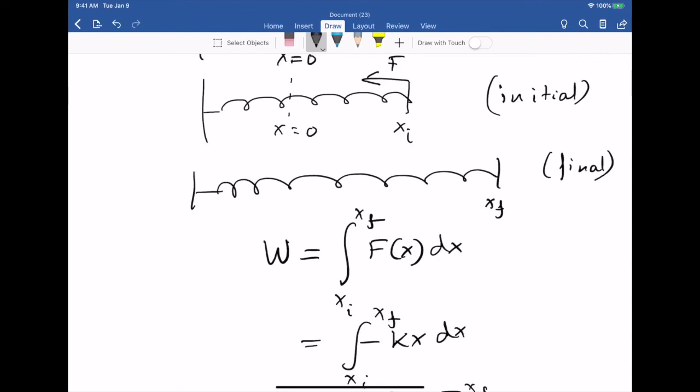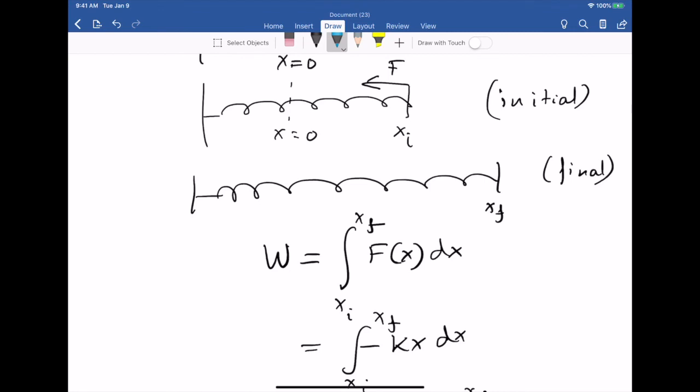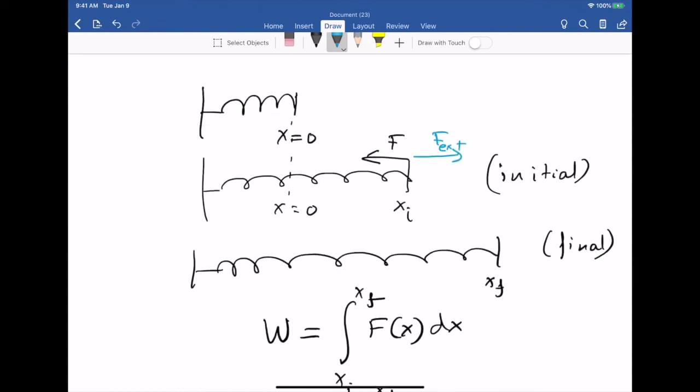So that means the person stretching the spring, the person who's holding on to the spring and pulling it, always exerts a force that matches the force exerted by the spring. Because there is no acceleration, the net force must be zero. Remember, F net equals mass times acceleration. So if there is no acceleration, the forces must cancel each other out.